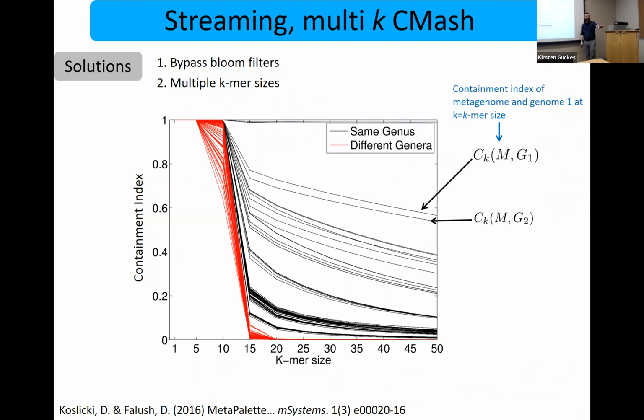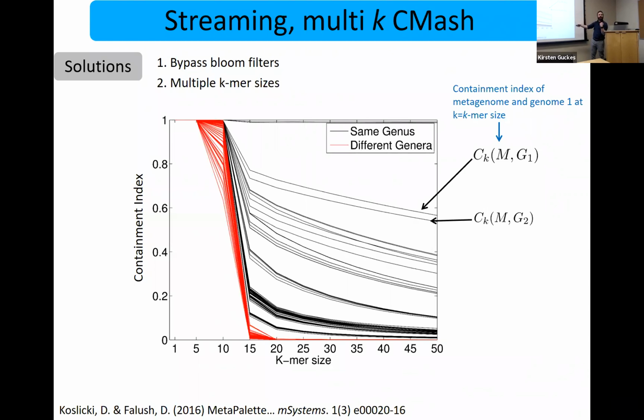But more importantly, you can get taxonomic information from this. You might have noticed that I've colored this red for organisms that are of a different genus than something in my metagenome, and I've colored it black if the reference genome is the same genus as something in my sample. So you can see that if one of these reference genomes is distantly related from your metagenome, this curve drops off quickly.